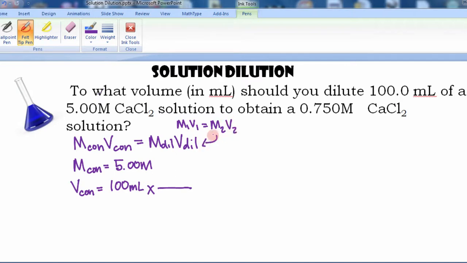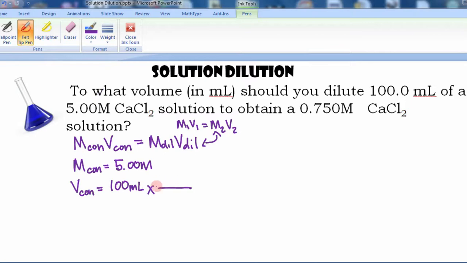These two are the same. To use that formula, M of the concentrate times the volume of the concentrate is equal to M of the dilute times the volume of the dilute.